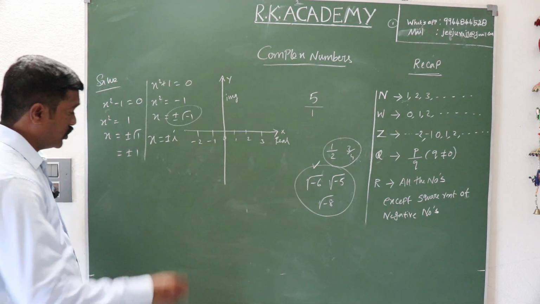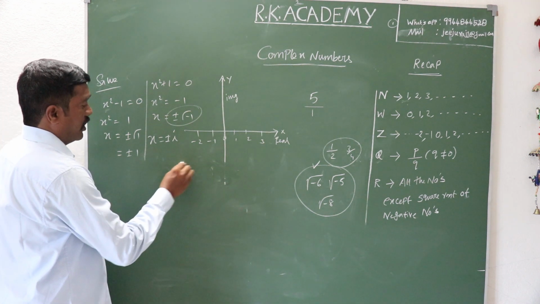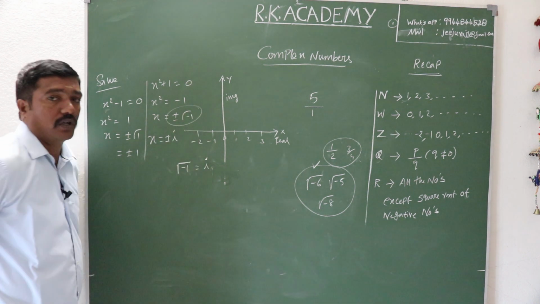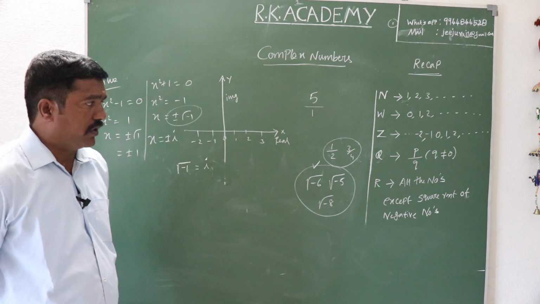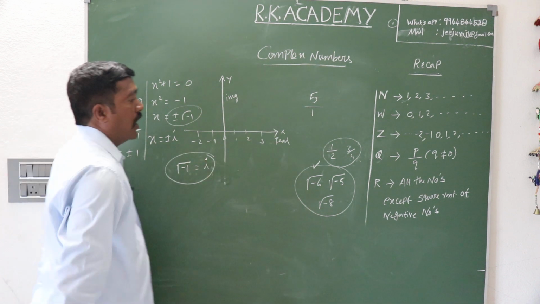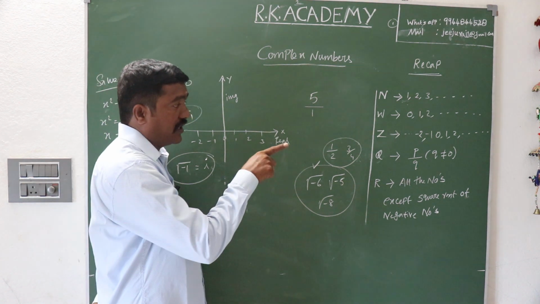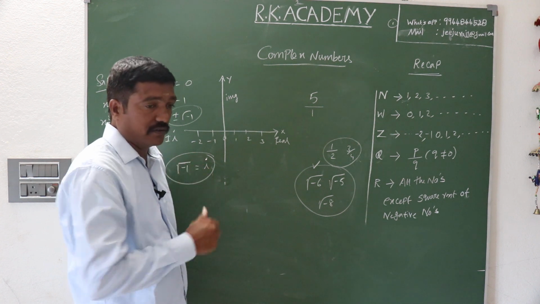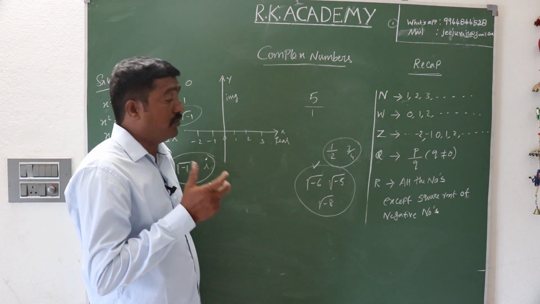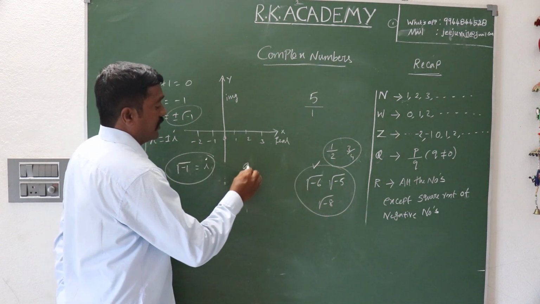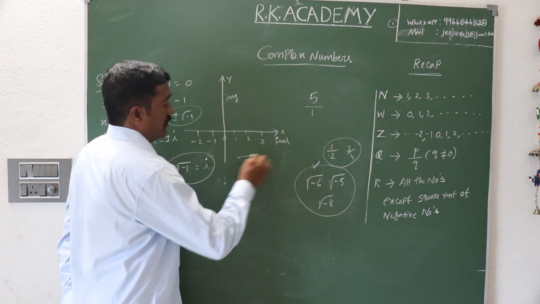Now listen. Root of minus 1 is equal to i. Just as we write a rational number in the form of p by q, how do we write a complex number? A complex number is in the form of a plus ib. What is meant by a plus ib? a is called the real part of that complex number.